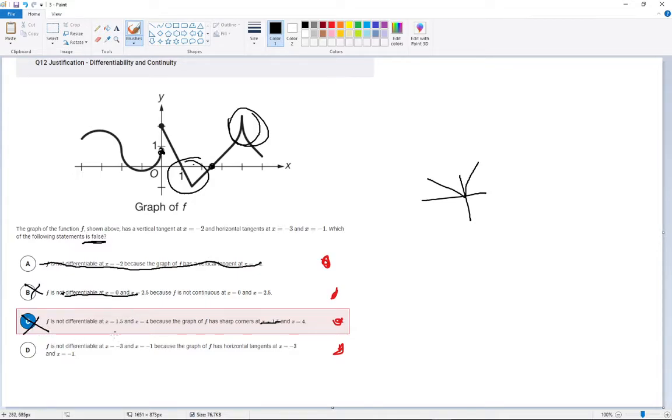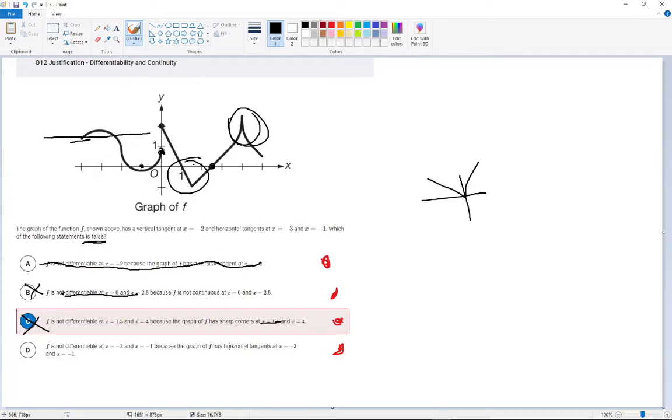So final option, f is not differentiable at x equals negative 3 and x equals negative 1 because the graph of f has a horizontal tangent at x equals negative 3 and x equals negative 1. Okay, so let's see. A horizontal tangent.